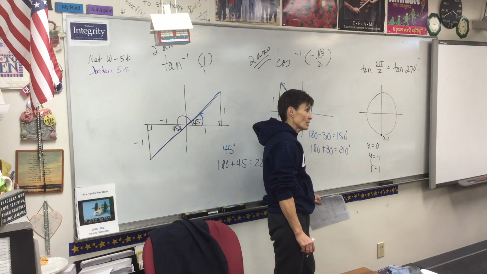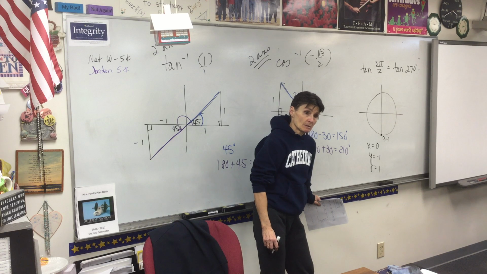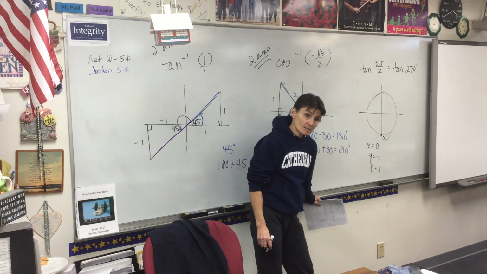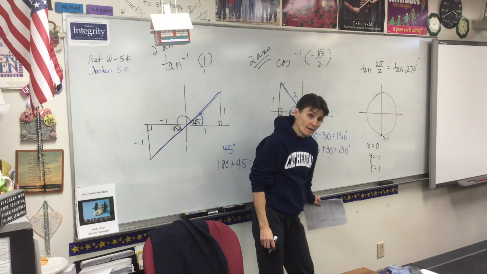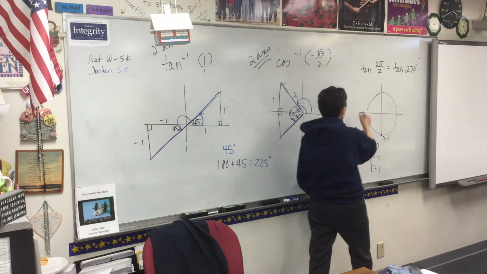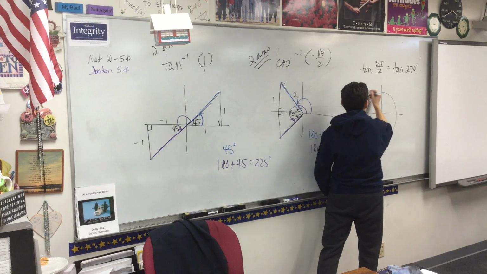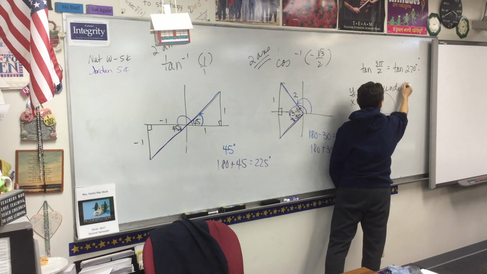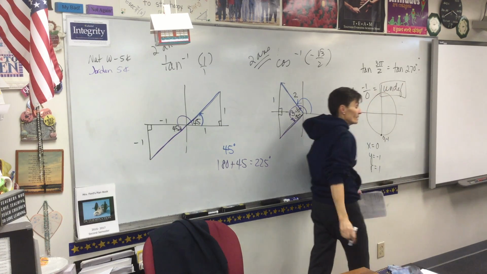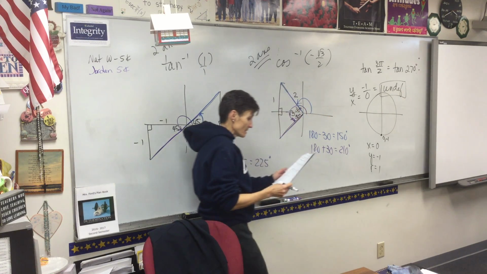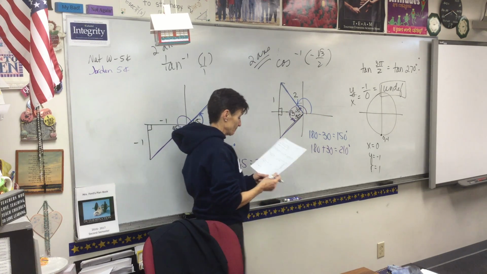We want tangent, which is y over x. So negative 1 over 0. Somebody said undefined, and that person was right. The tangent of 270 is undefined.